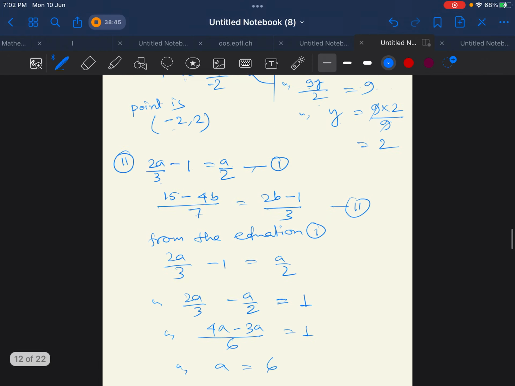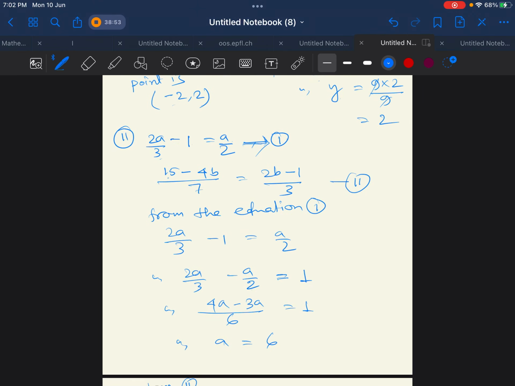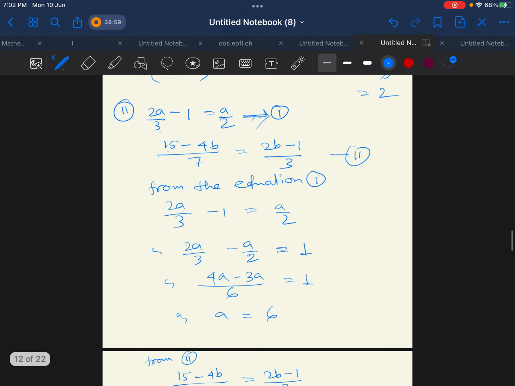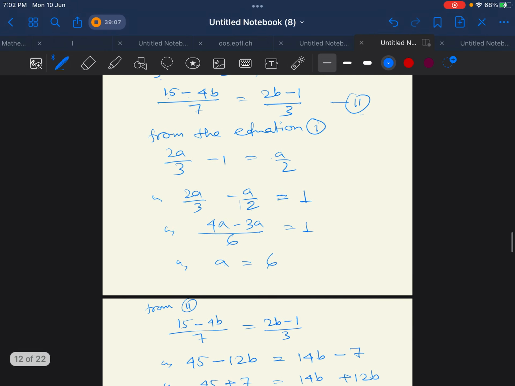Second question: 2a by 3 minus 1 equals a by 2. This is the first equation, and 15 minus 4b by 7 equals 2b minus 1 by 3 is the second equation. From equation 1, 2a minus 3 by 3 equals a by 2.